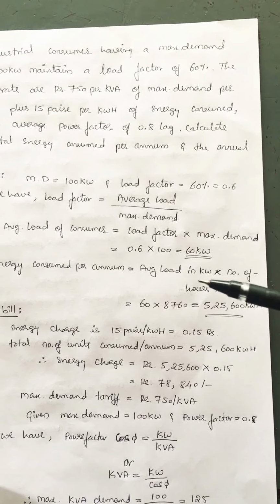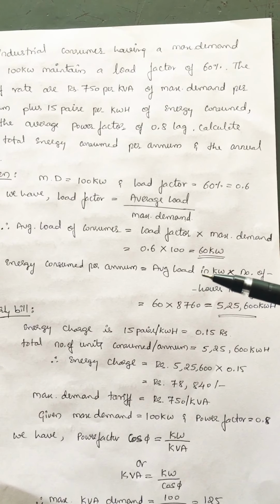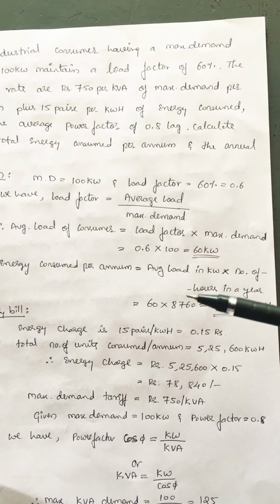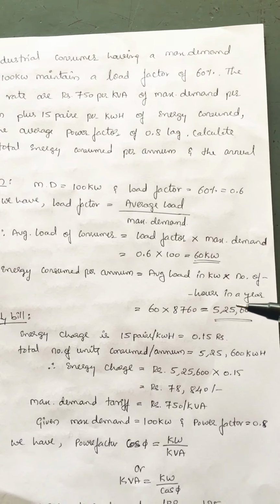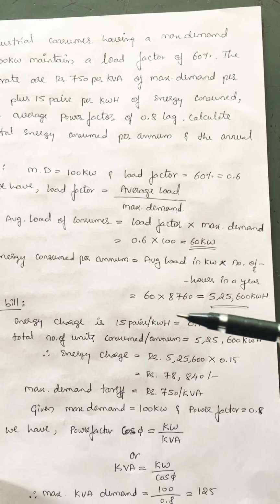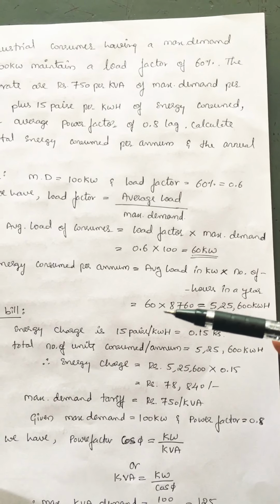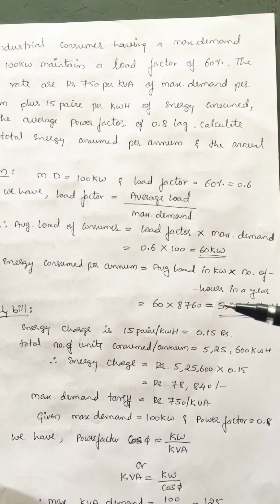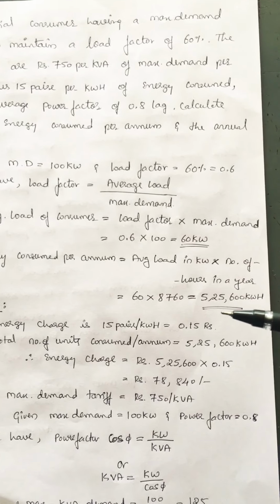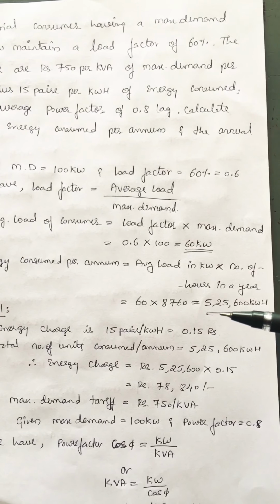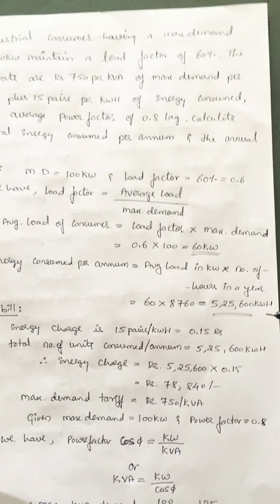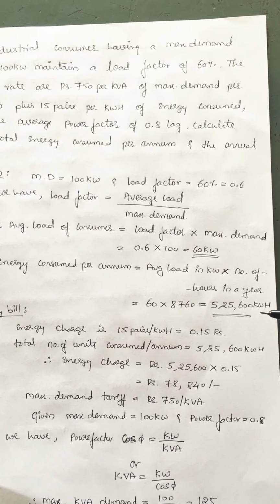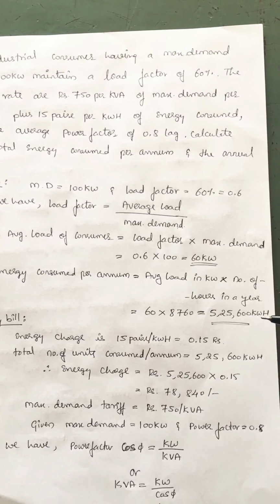We calculated the average load as 60 kilowatt. Number of hours in a year is 365 into 24, that is 8760. If we solve this, we will get the energy consumed per annum as 5,25,600 kilowatt hour. This is the energy consumed per annum by the consumer.